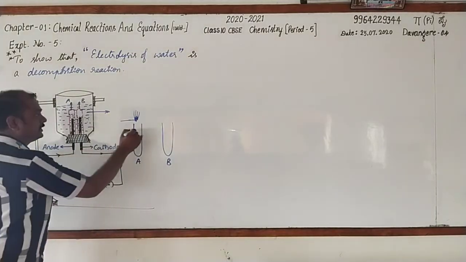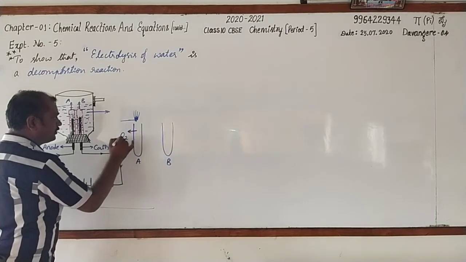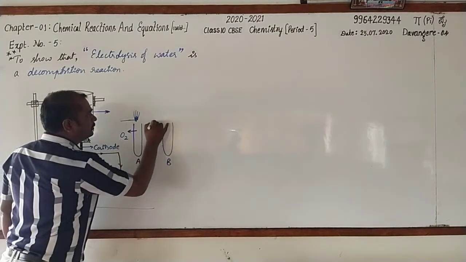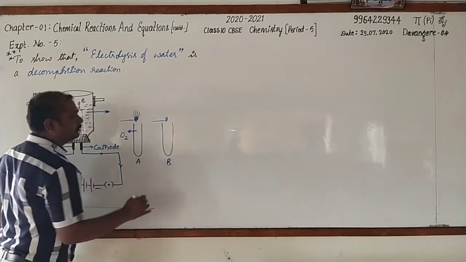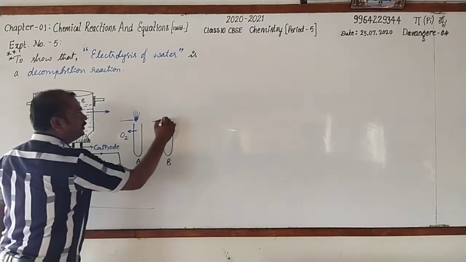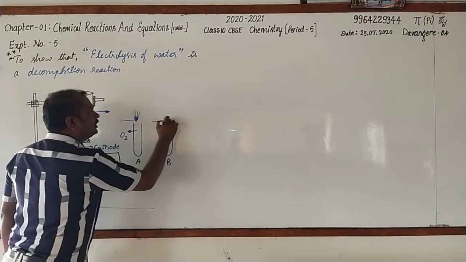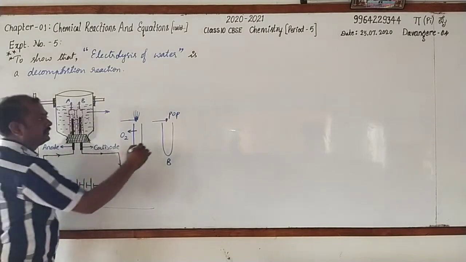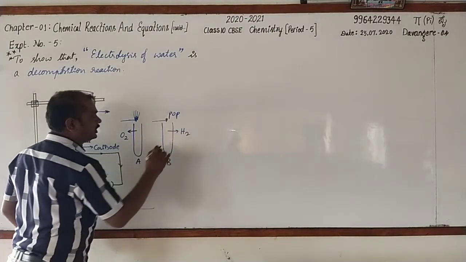That indicates the presence of oxygen, right? And similarly, bring a lighted matchstick near the mouth of test tube B. Then you will hear a pop sound that indicates the presence of hydrogen.